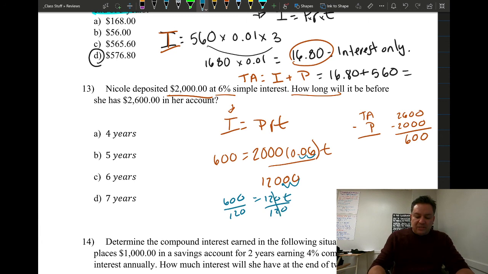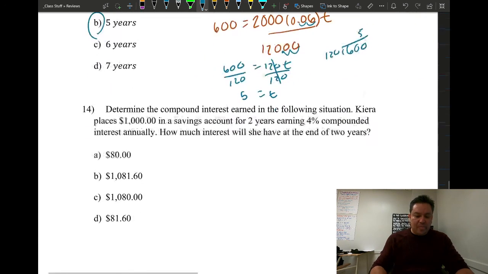So this cancels out, so T equals 5. 120 goes into 600 5 times. So the answer is this. That's how you work this one backwards. You're gonna have to use this formula. Again, that formula is given to you on your formula sheet.